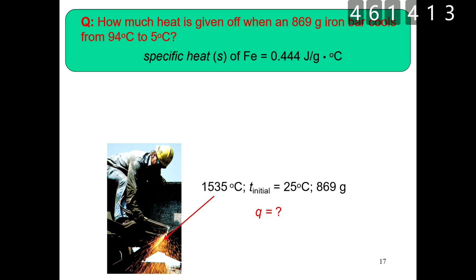So just substitute our formula, it will be equals to 869. Specific heat. So you can calculate this.